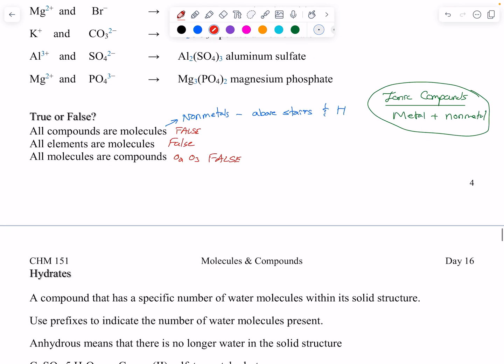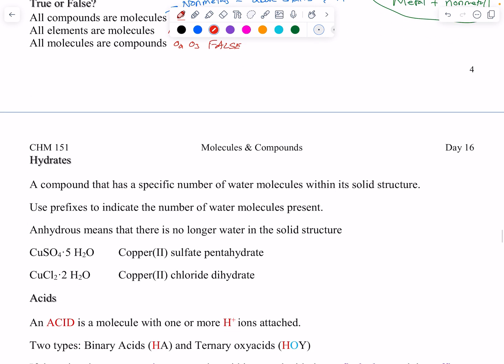Up next, ionic compounds, hydrates. Think water is attached, kind of like a magnet to something metal. If you have something magnetic that attaches, it's attached.